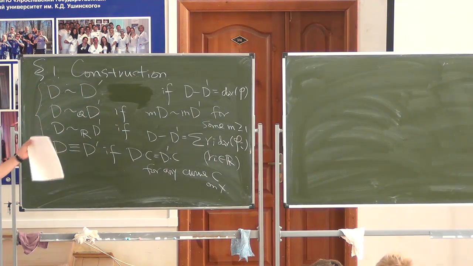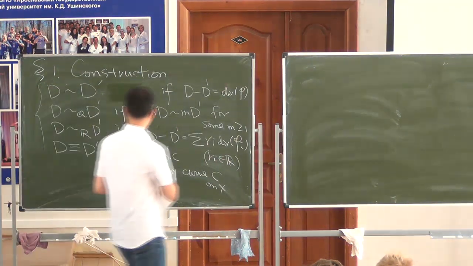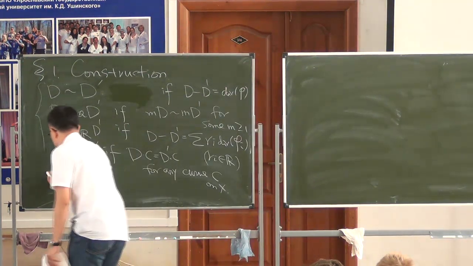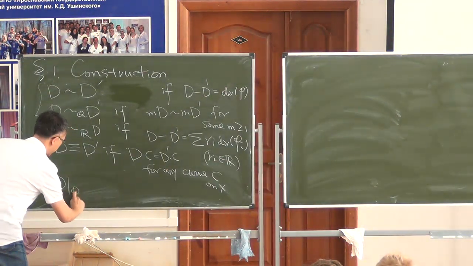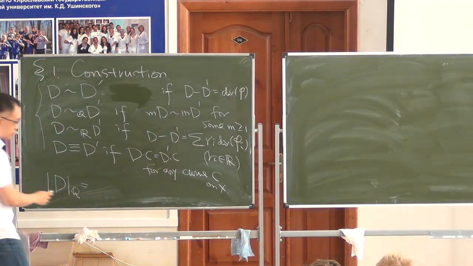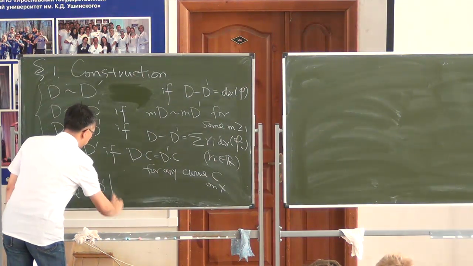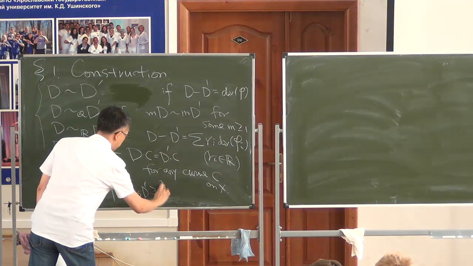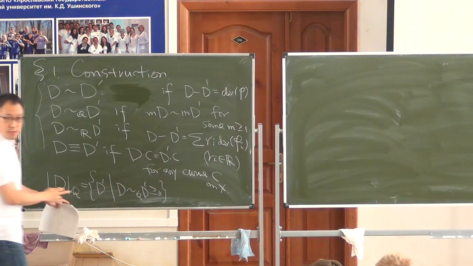Actually, these may be familiar already. But anyway. For example, if I write |D|_Q, then this is called the Q-linear system. So this means the set of D' such that D' ~_Q D. So if I put R, you know what it means.